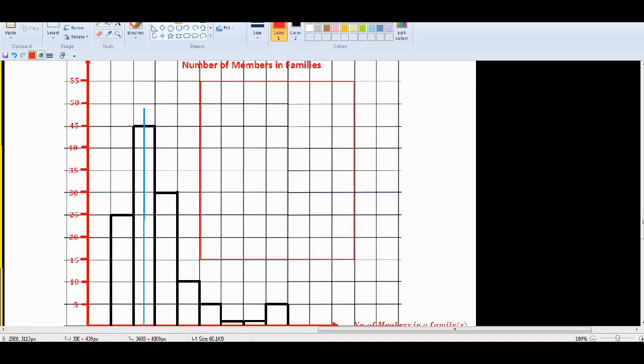In the first column we're going to put x, the second one frequency, and the third column fx.